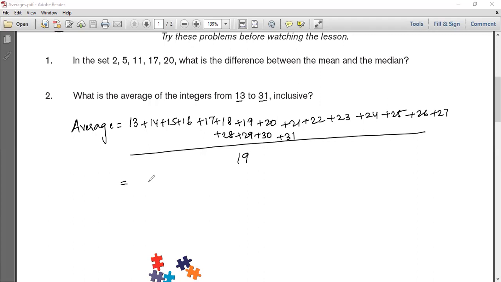If we solve this, you will get the answer as 22. So my answer is 22.